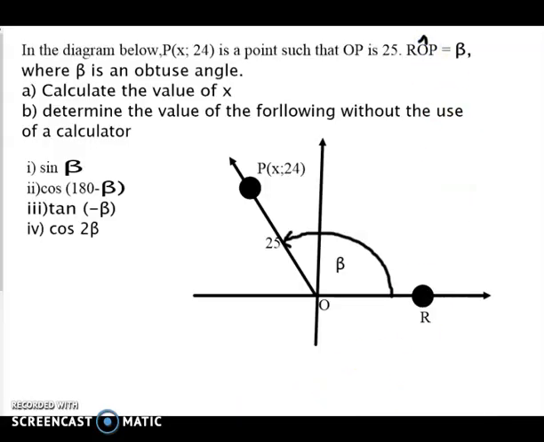We've got to calculate the length of x. So I construct a perpendicular line from the x-axis to the coordinate P. I populate the information that I have.